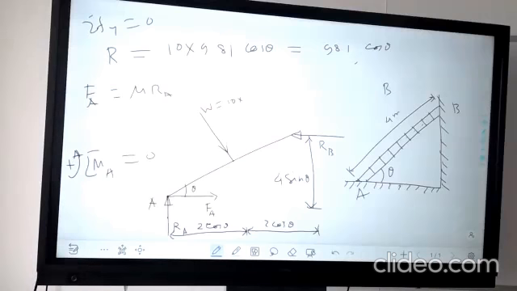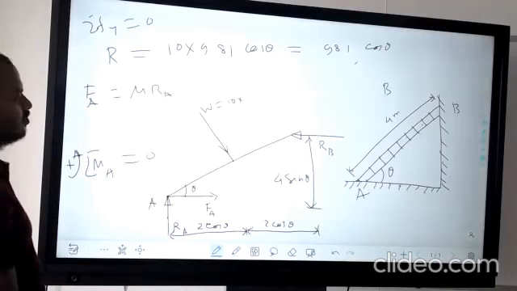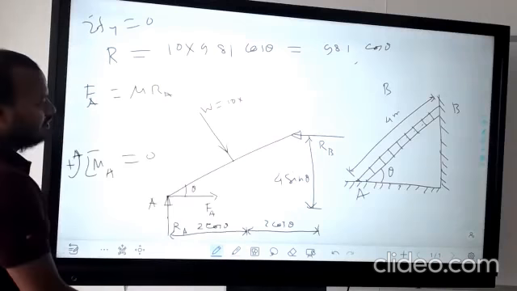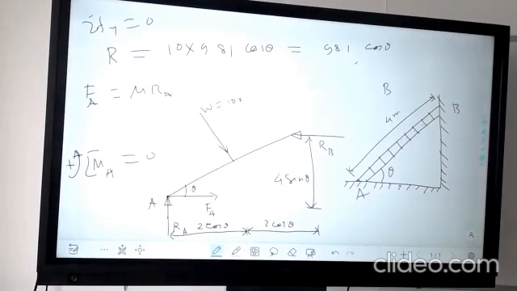Take the moment. For moment we have only two forces, W and RB. RB multiplied by 4 and W multiplied by 2 cos theta. Not clear, SSC? Then find out theta.